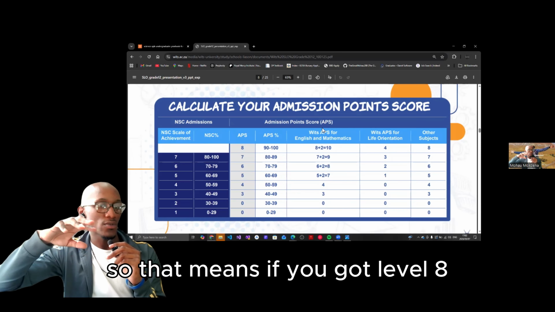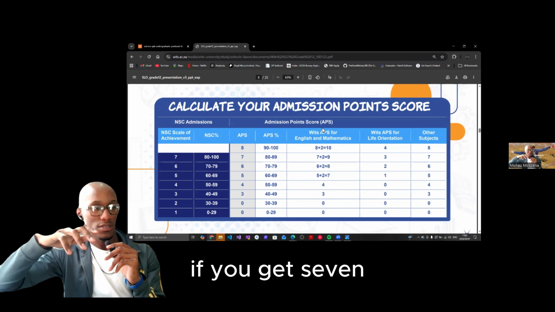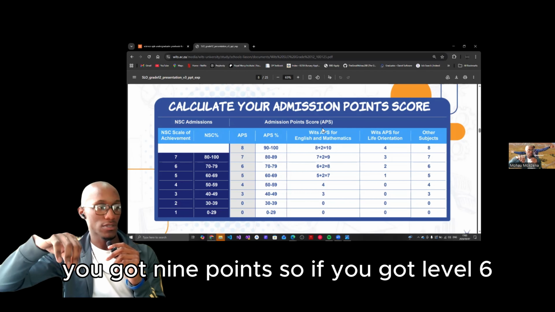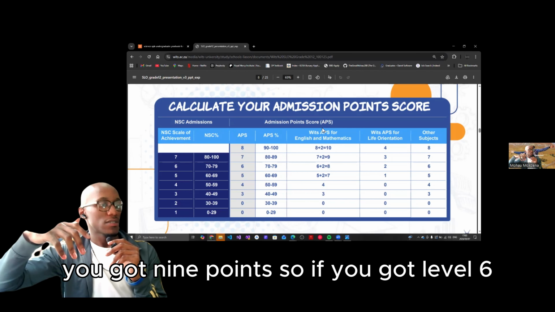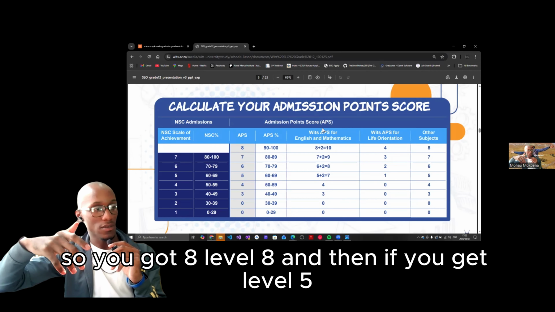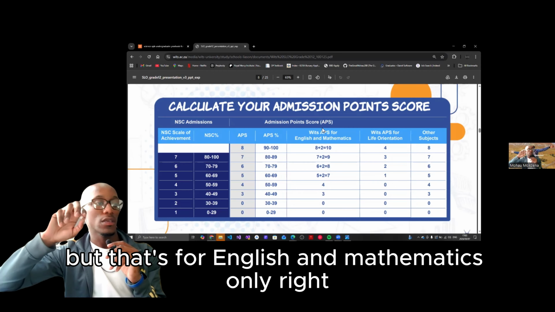So that means if you got level 8, you've got basically level 10. And if you get 7, they still give you 2 points. So 7 plus 2, that's 9. If you got level 6, they still give you 2, so you got 8. And if you get level 5, they still give you 2, then you got 7. But that's for English and mathematics only, right?